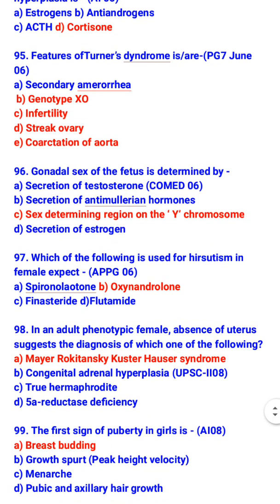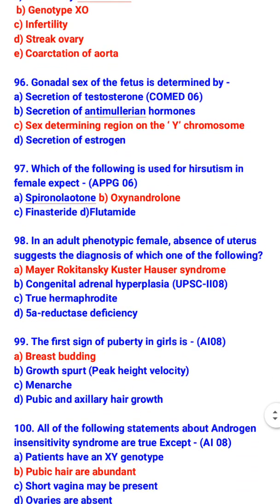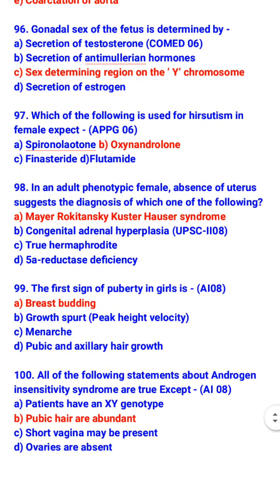Which of the following is used for hirsutism in females except? So what is used is spironolactone, finasteride and flutamide. Oxandrolone is not used. In an adult phenotypic female, absence of uterus suggests the diagnosis of which one of the following? Mayer-Rokitansky-Kuster-Hauser syndrome. The first sign of puberty in girls is breast budding.